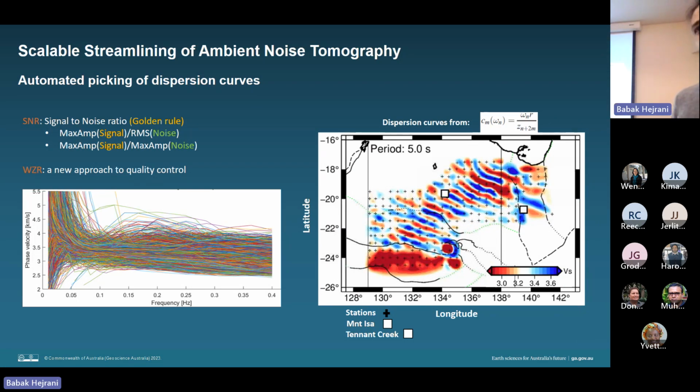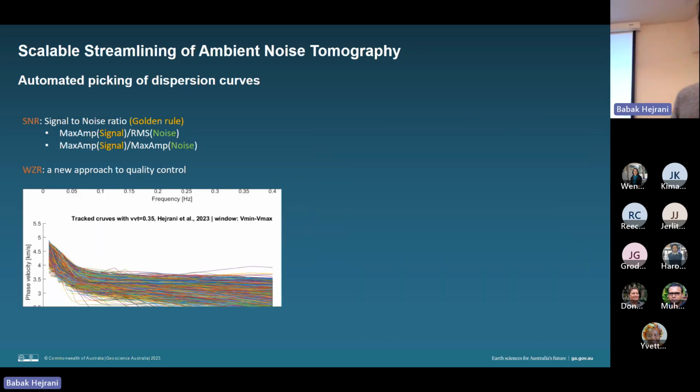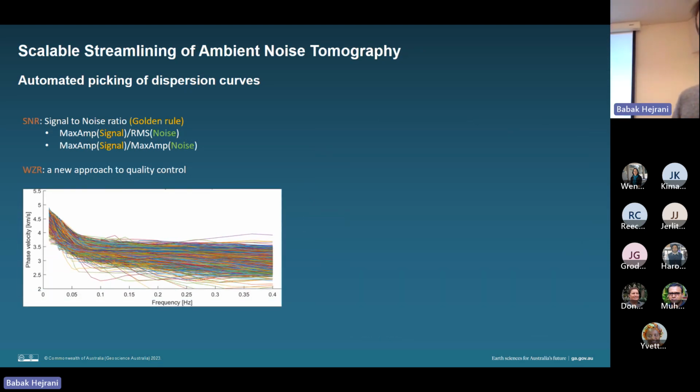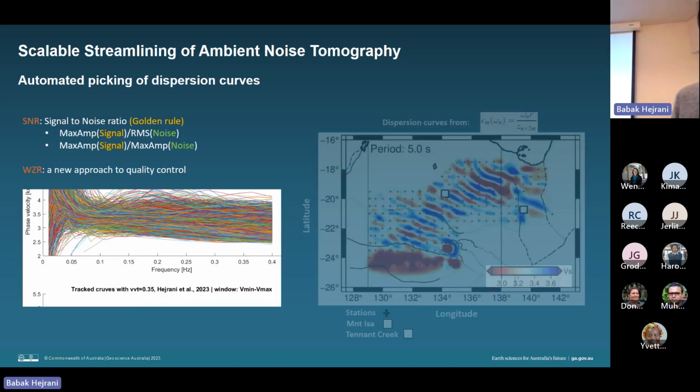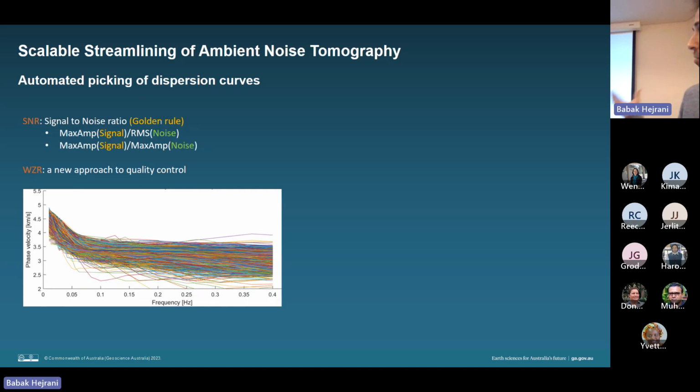I can see that Michael's eyes are already going like this isn't real Earth. This does not represent the Earth structure. Obviously, these bands of fast and slow don't represent anything realistic. But if you use our approach, this is what your dispersion curves look like. Toggle between those two, so that you can see how smooth they become, how much more representative of the Earth structure.